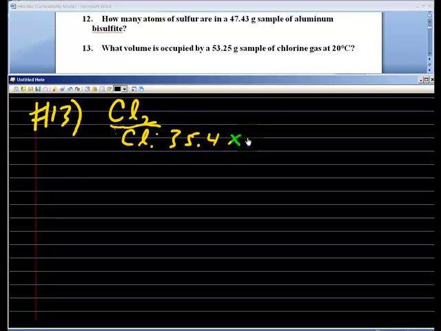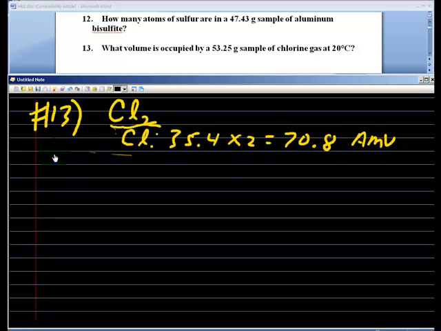So you got to multiply it times 2. And this will give you a 70.8. Now what is that? That is the AMU, or molecular weight. So it's atomic mass units, it's the molecular weight.